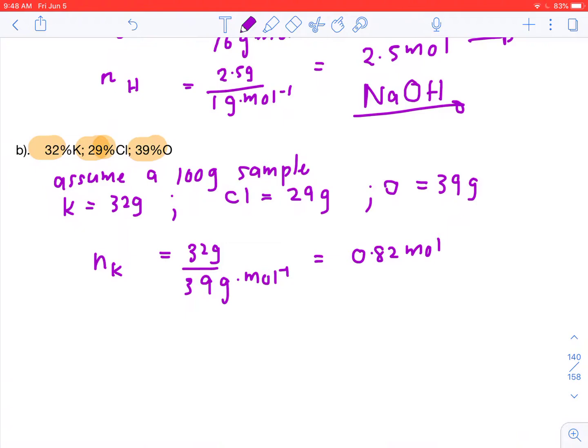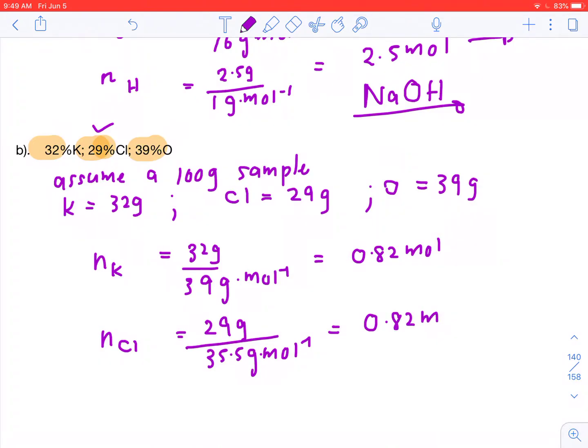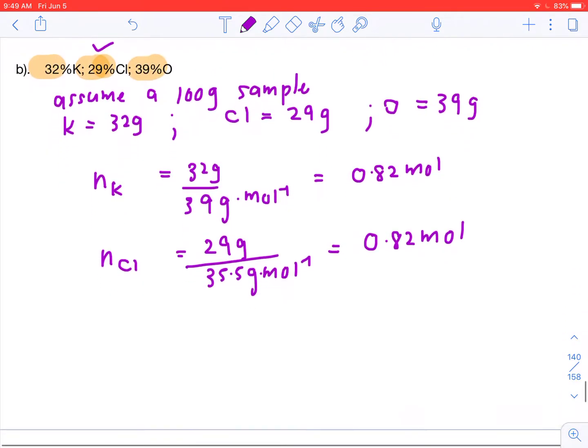And if you look at the next one, we got n of Cl, which would be 29 grams, all upon chlorine we know is 35.5 grams per mole, which is then also equal to 0.82 moles.